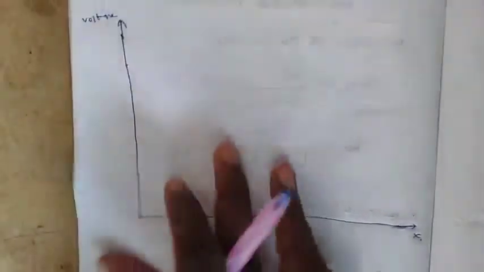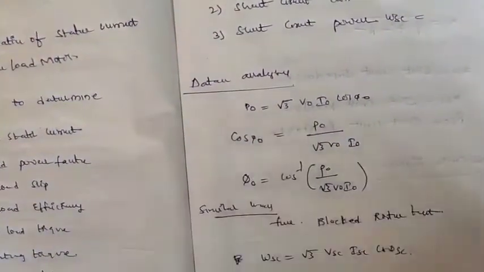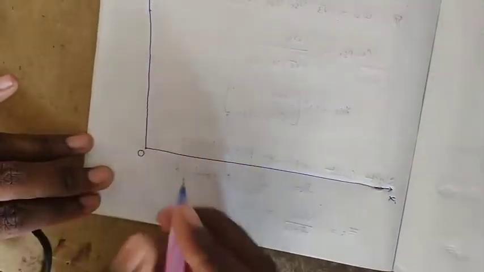First of all, draw what we can get from the no load test: I0 with an angle of phi 0. First of all, this one is the reference point O.